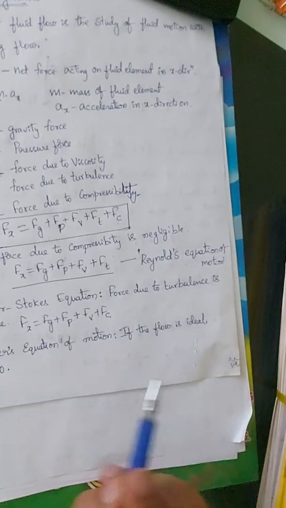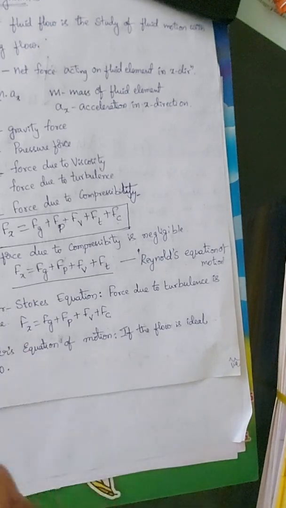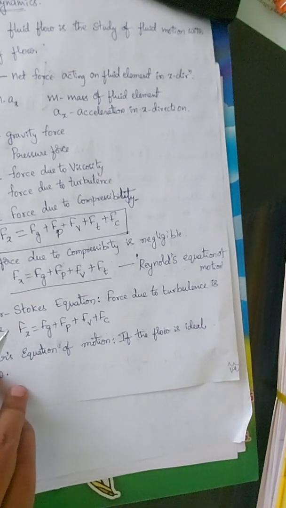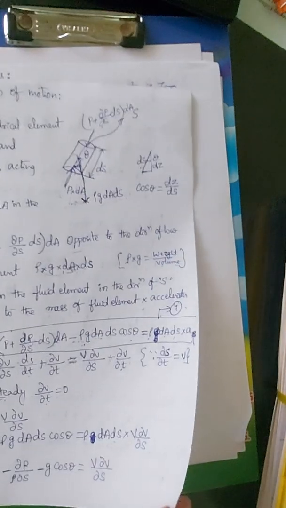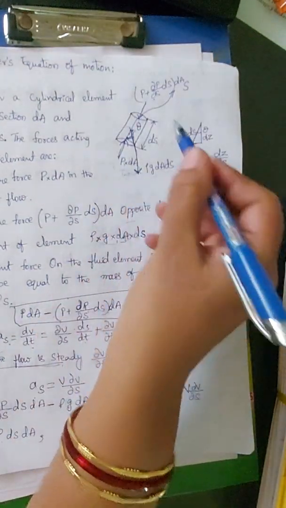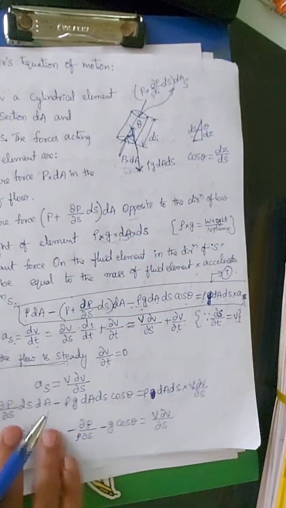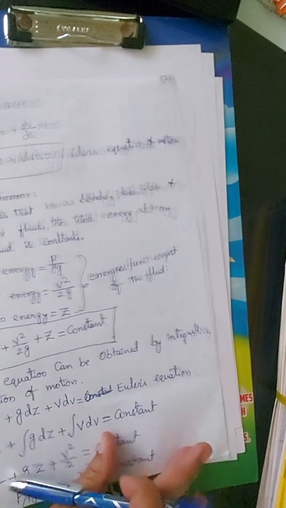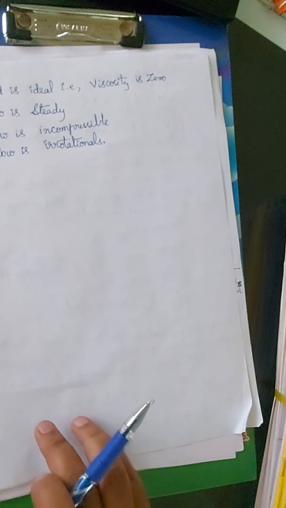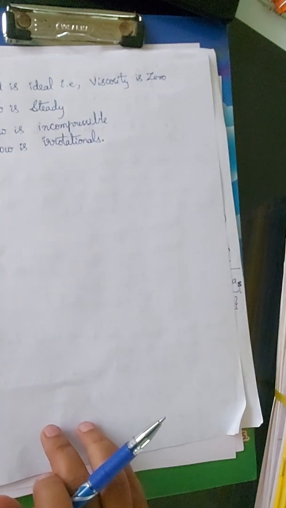We know that when the flow is ideal, its viscous force will be equal to 0, so then the equation becomes like this. So first derive the Euler equation. After deriving the Euler equation, you derive the Bernoulli's equation. The complete thing you have to do if they ask you to derive from first principles. So this is how we have to derive the Bernoulli's equation.